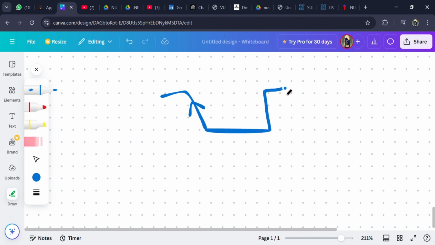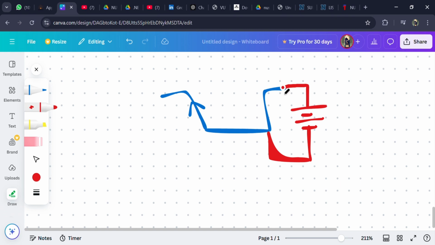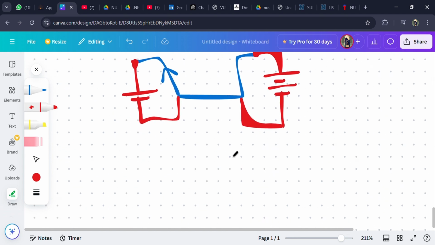This side is the collector. This side is attached with a battery, and here I've attached a cell. This is N type, so the positive terminal will be attached to this side, and the negative terminal stays here. So this becomes forward biasing.